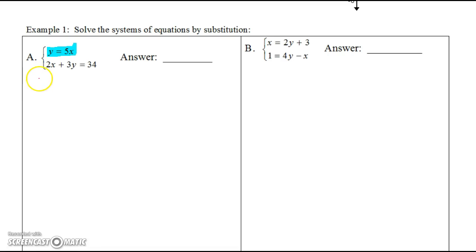When I write my second equation, 2x plus 3y equals 34, in order to make that substitution, I'm going to take out the y, not the 3y, just the y, and in its place I put the 5x.